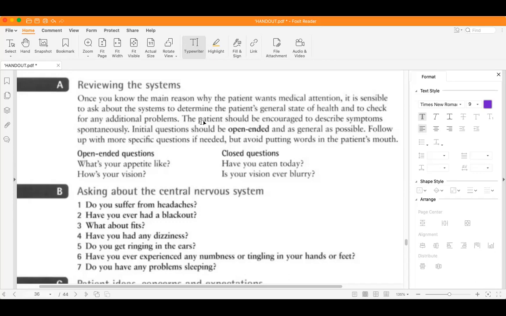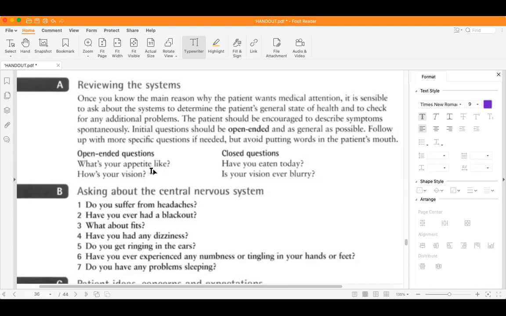The patient should be encouraged to describe symptoms spontaneously. Initial questions should be open-ended. What is the meaning of open-ended questions? Like, for example, to say, what's your appetite like?